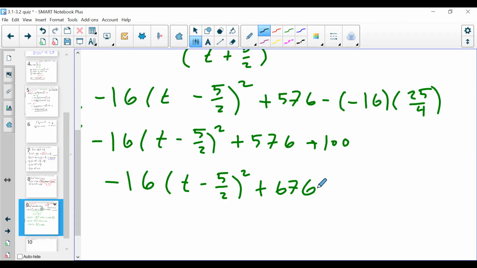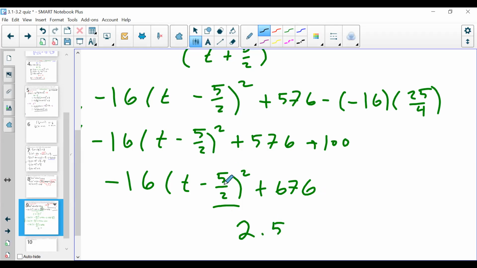The original problem asks how long this projectile ascended for. It's 2.5 seconds, because it's that 5 over 2. I'm basically asking what your vertex is. And something else I want to add: what's my maximum height? 676.